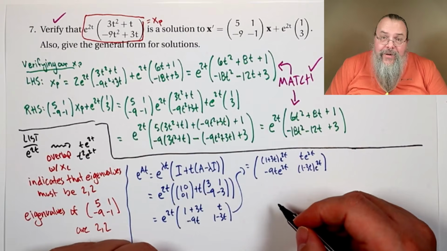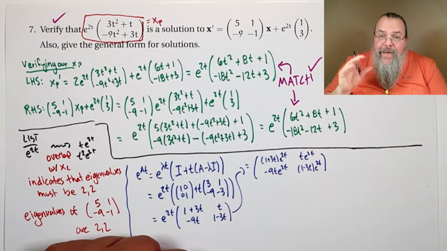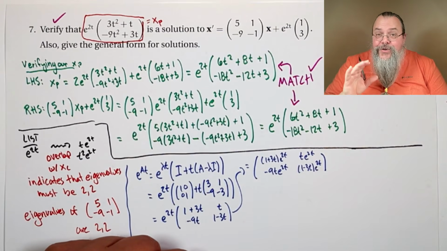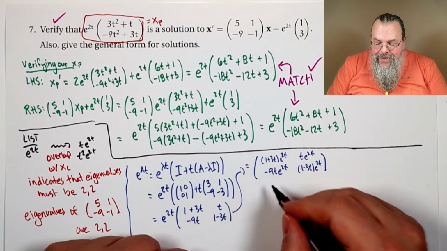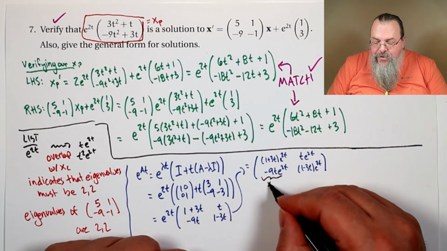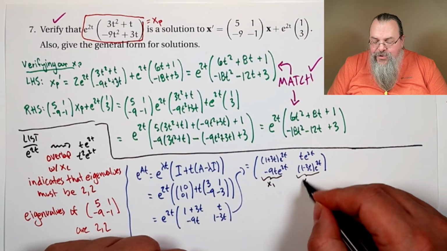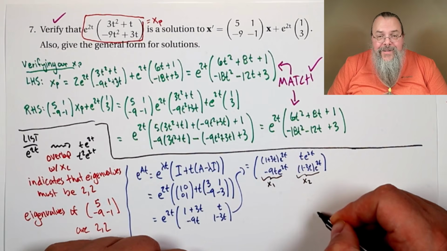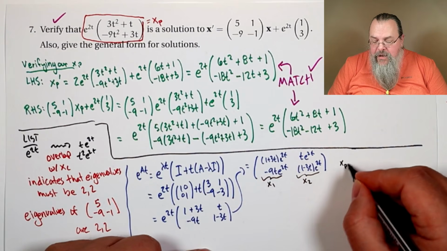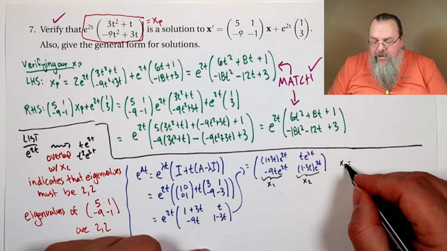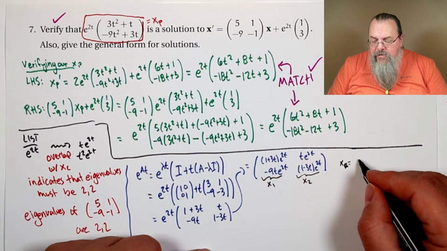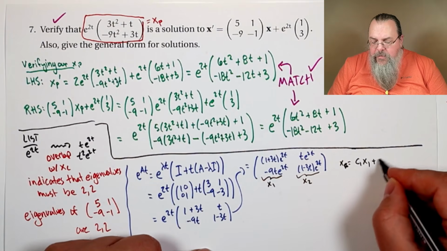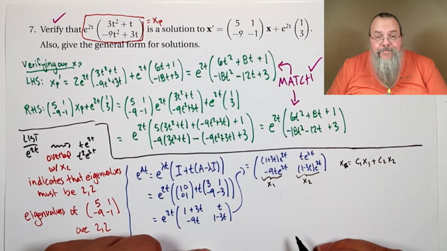A fundamental matrix is formed by making the columns solutions. So, solution 1, solution 2. And XC is some constant solution 1 plus some constant solution 2.